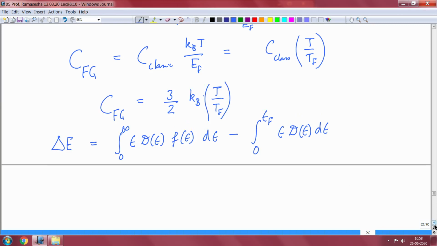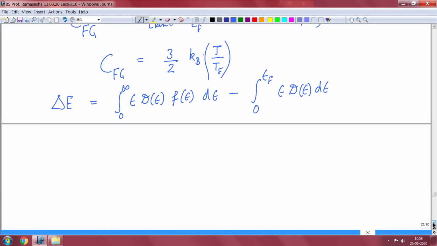Well, we will do a slight trick in this case. The number of electrons in the system is simply given by the integral from 0 to infinity of f of E, which is the Fermi-Dirac distribution function, times the density of states D of E times dE.